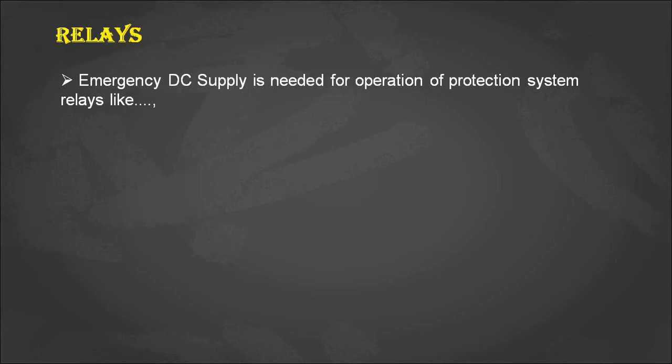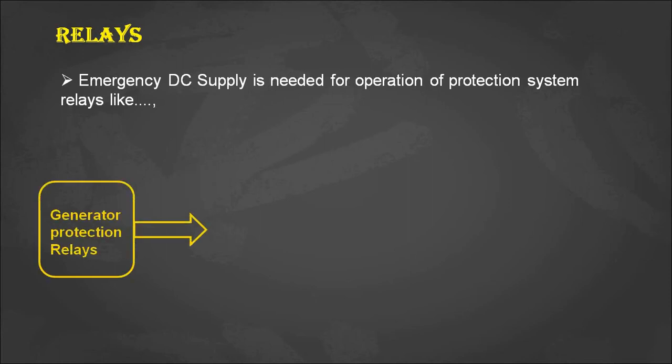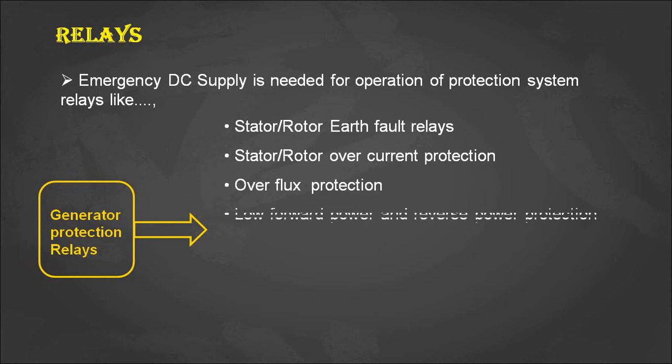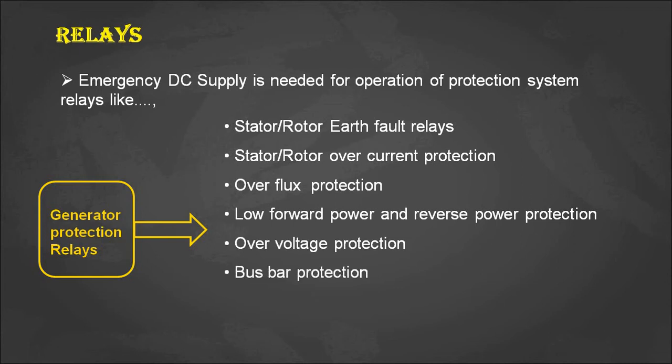If there is any fault outside of the power generating station, interruption of the AC supply exists. Here some of the generator protection relays are stator and rotor earth fault relays, stator and rotor overcurrent protection relays, overflux protection, low forward power and reverse power protection, overvoltage protection, bus bar protection, and generator transformer protection.